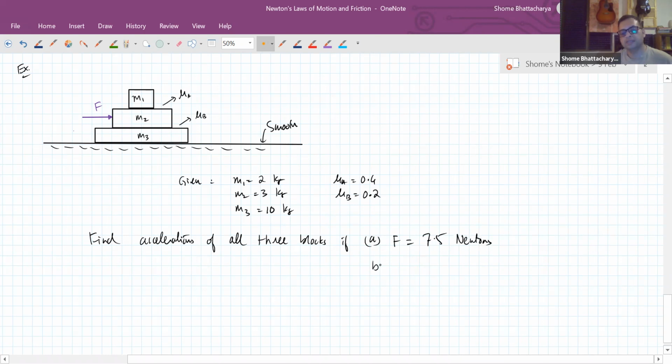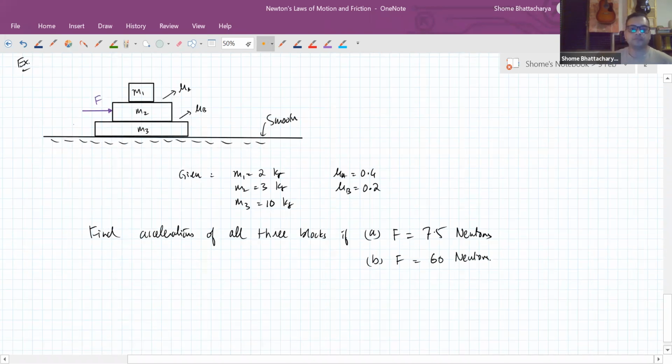In the second case we will take the magnitude of the force to be 60 newtons. Okay. So just take a minute to understand the question and we will discuss about it.